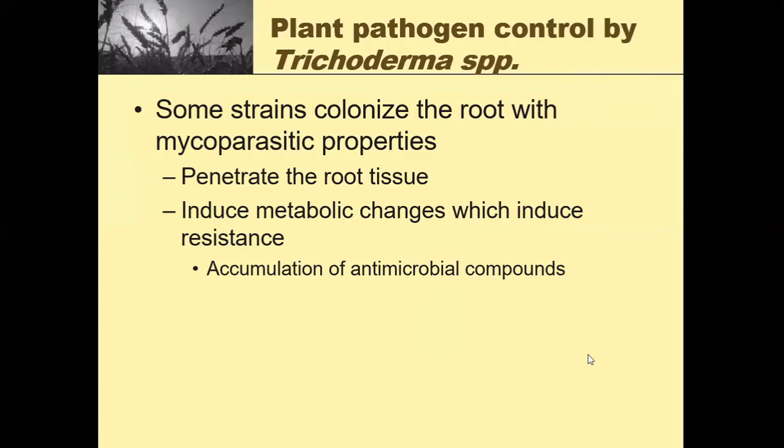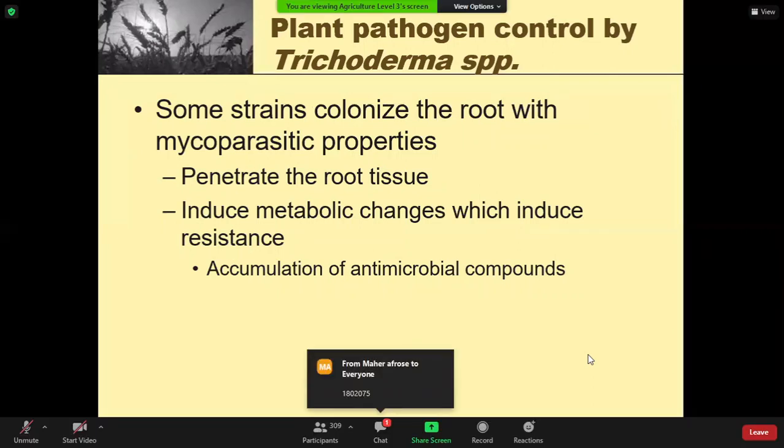So some strains colonize the root with mycoparasite properties. You can see here some trichoderma species penetrate the root tissue and induce metabolic changes which induce resistance. The beneficial fungus not only colonizes the harmful fungus, for example, they also colonize the root of the plant. So when the root of the plant is colonized by the beneficial fungus trichoderma, the metabolism of the plant is changed.